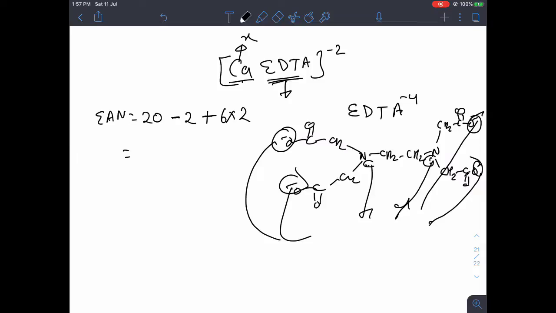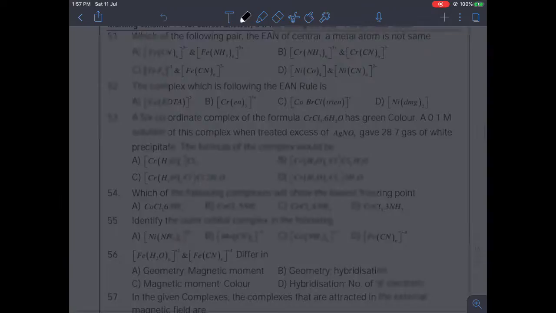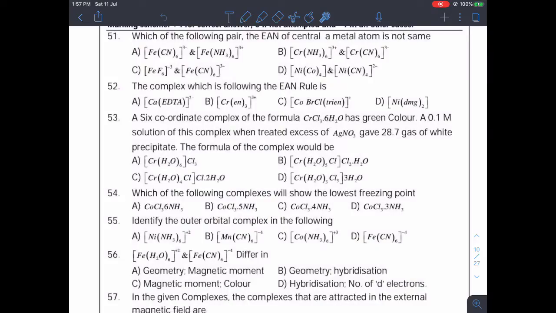So what will be the total value? 18 plus 12, and that will be 30 only. So does it follow? Answer is no. But what they are asking is the one that follows EAN. Now let's look at chromium.